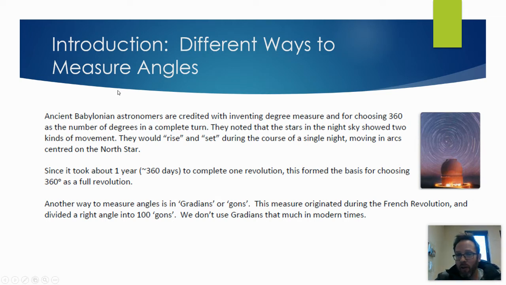Ancient astronomers were observing patterns in the sky and noticed that the stars would rise and set in a single night, and around the North Star they moved. As they tracked it over the course of a whole year, they would complete one circle, and hence about 360 days to do one revolution.